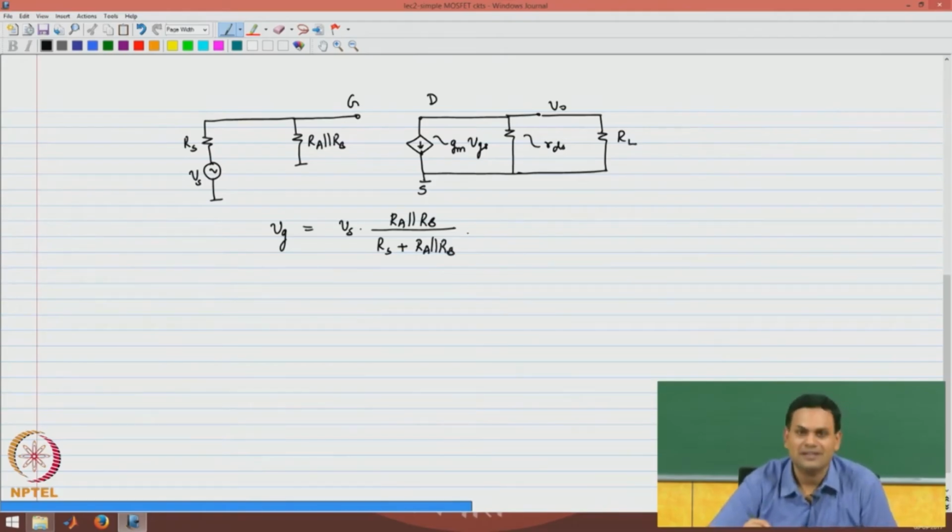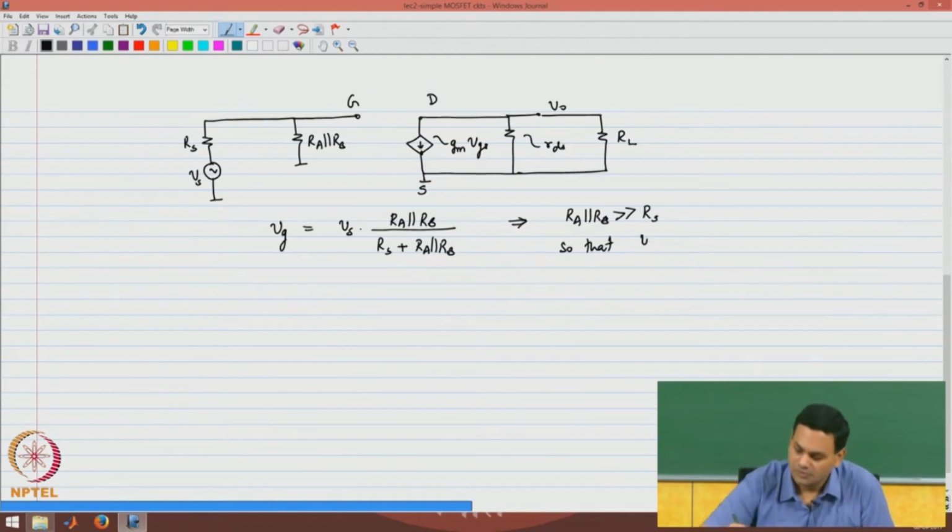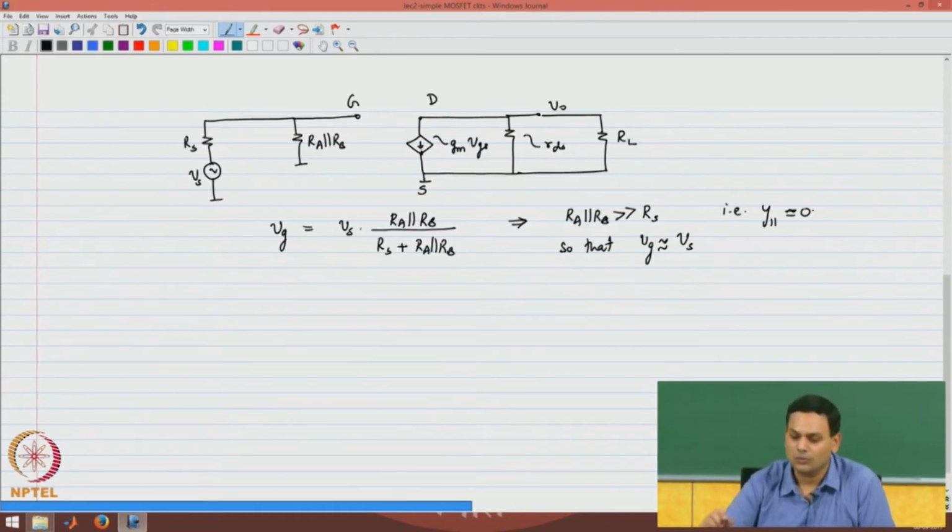Now, as we know from our basic circuits knowledge, this means that we want RA parallel RB to be much larger than Rs, so that the gate voltage is approximately equal to the input signal voltage Vs. And this also means that the amplifier as a 2 port will have a Y11 which is almost 0, which is a precondition for large amplification, large gain.